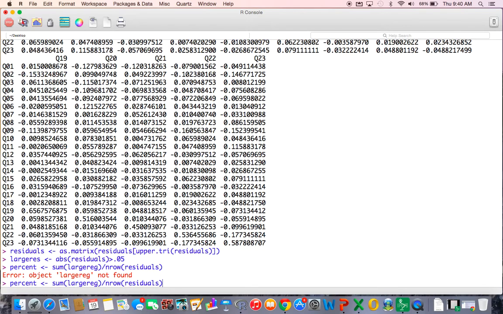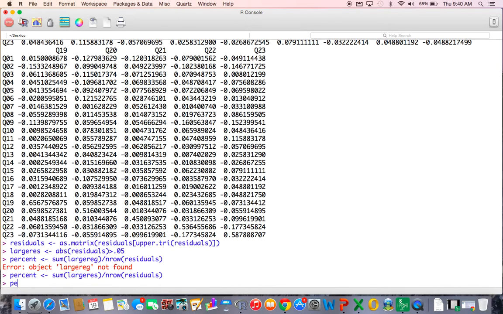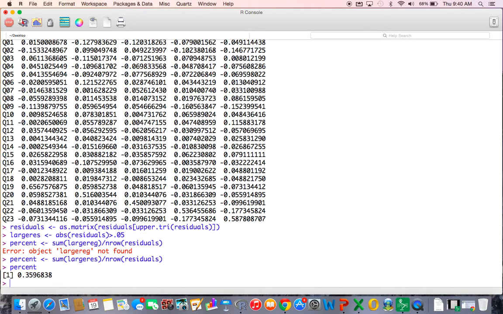Oh, okay, I see what I did. I didn't spell correctly. As much as I deal with R, it still kind of blows my mind sometimes when I get those errors. So guys, what we get there is the percentage of our large residuals is 35.97%, or 36%. But the threshold here is 50%. You don't want 50% or more of your residuals to be higher than 0.05.